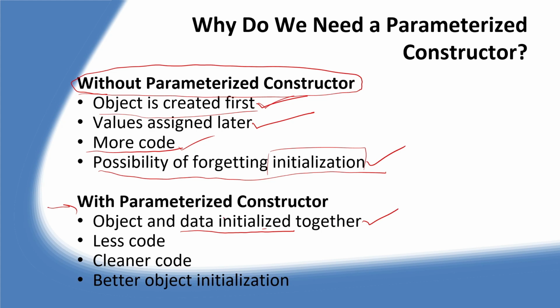During object creation, data, meaning the properties of an object, will get initialized. Since it happens in the same line, it means less code. We don't need to write more lines of code for assigning values, and the code is cleaner, with better object initialization. This looks like some optimization, and it is preferable.